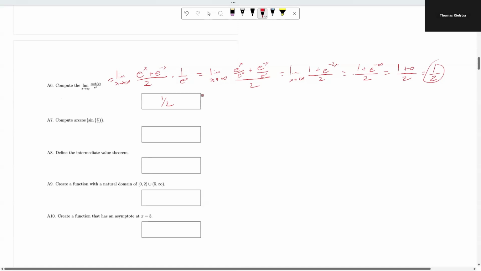Now we have the arc cos of sine of pi by 4. Now, sine of pi by 4, if we have our special triangles, that's going to be 1, 1, root 2. So it's going to be 1 over root 2.